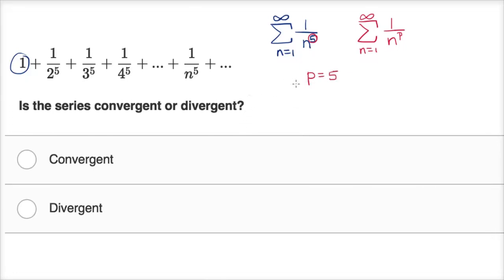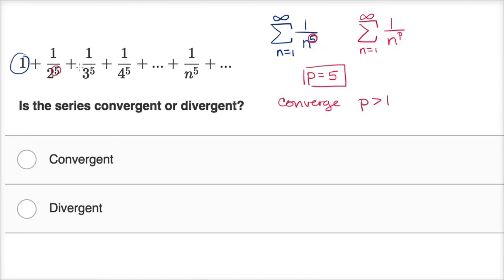Now, you might already recognize under which conditions a p-series converges or diverges. It's going to converge when your p is greater than 1, which is clearly the case in this scenario right over here.